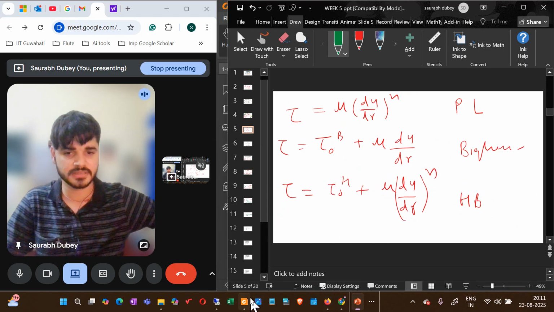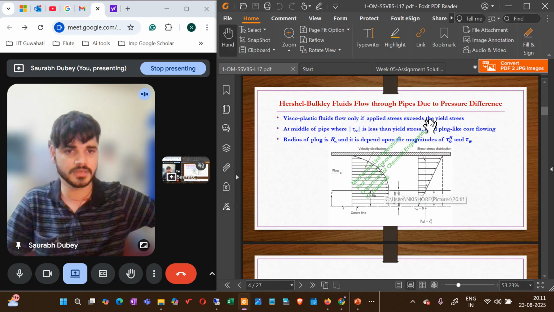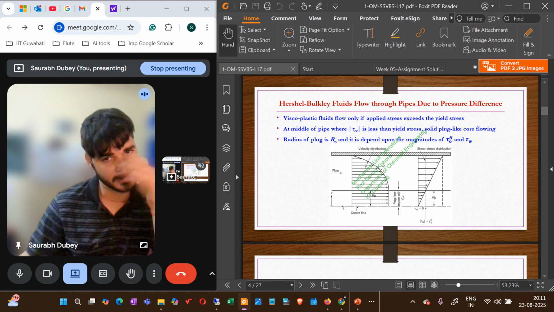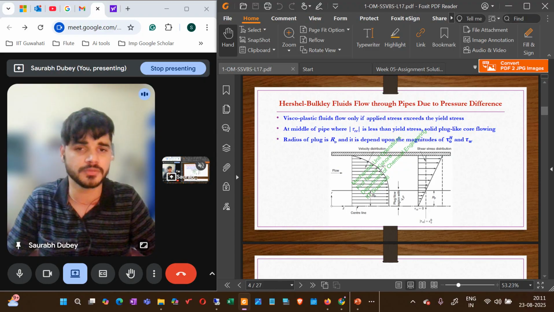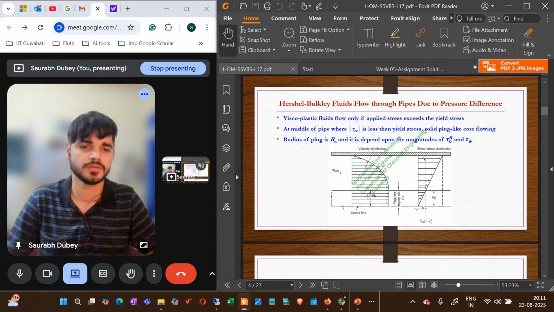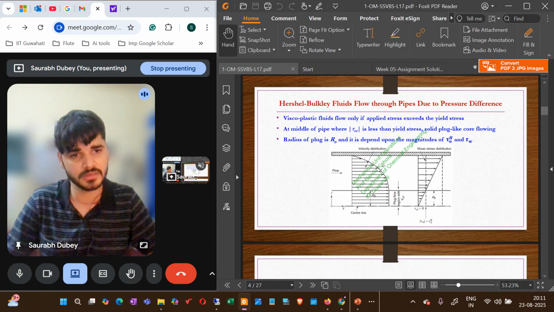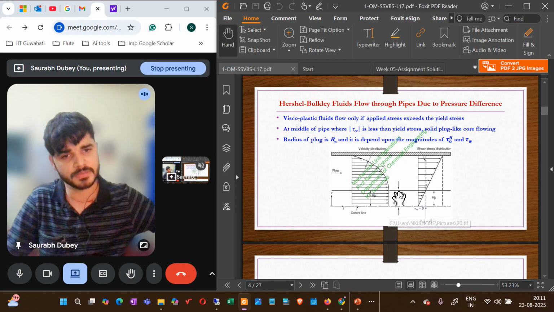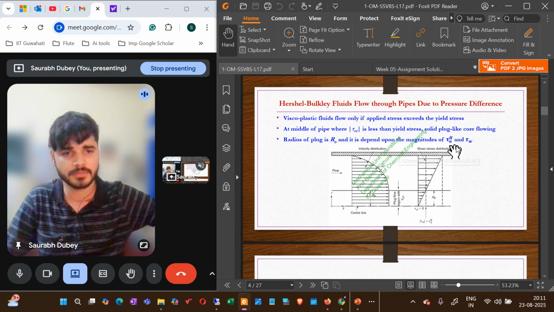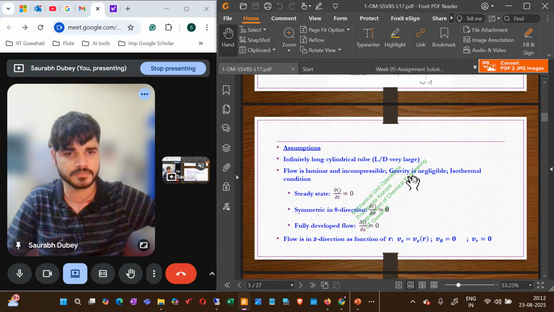And that threshold yield stress is the applied shear stress that has to be exceeded to allow the flow, right? At the middle of the pipe, tau Rz is less than the yield stress. Okay, a solid plug-like core flow will be there. So this is the solid plug-like flow, and the radius of the plug is Rp. Okay, and it is dependent upon the magnitude of tau naught as tau w, right?